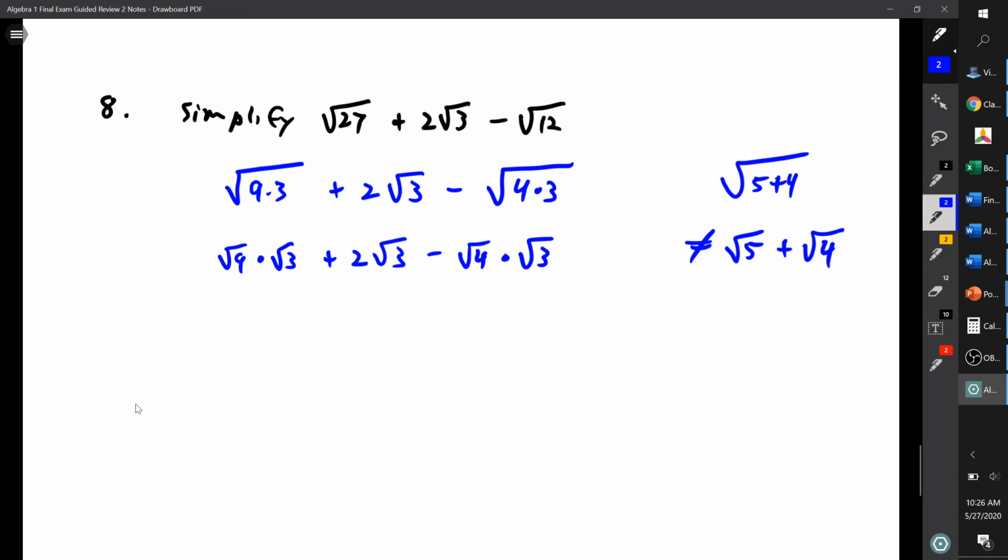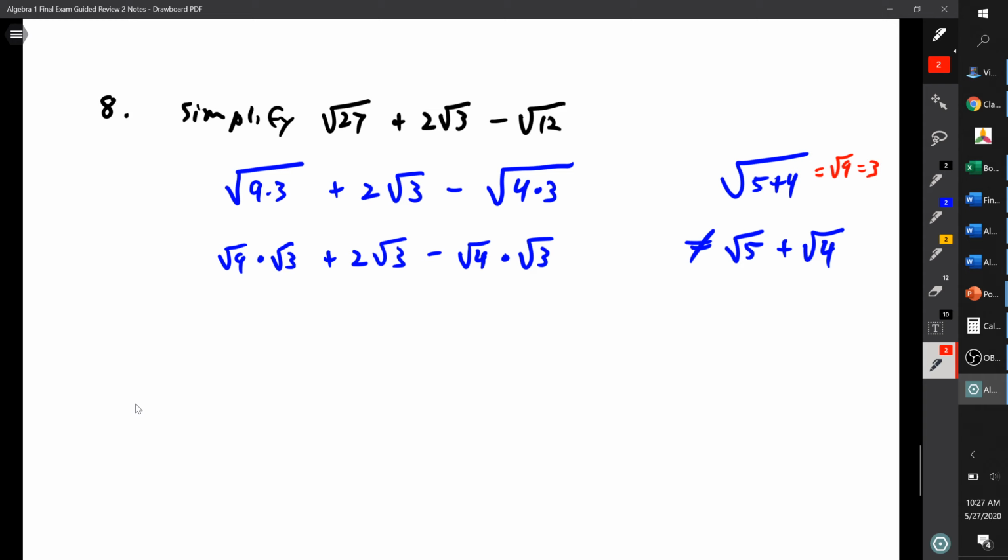If nothing else, you can see what these equal. Square root of 5 plus 4. What's 5 plus 4? 9. So this would be square root of 9, which is 3. Okay? Well, square root of 5 is something very ugly.